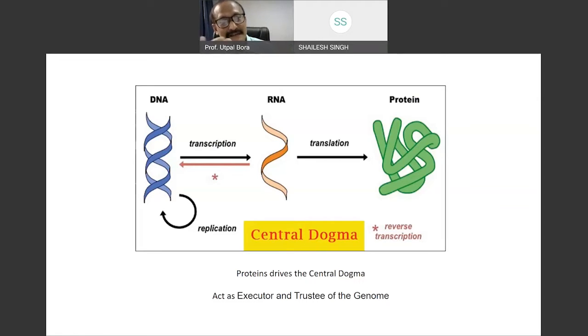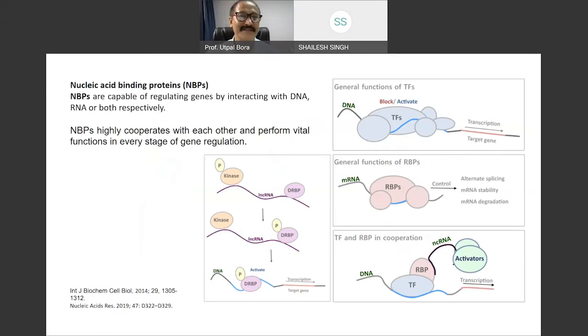Even DNA replicating itself requires the assistance of protein. In this entire process, protein has to interact with DNA and RNA. So whenever there is interaction, protein has to bind to these molecules. That is why we are going to discuss today these particular things, nucleic acid binding proteins.